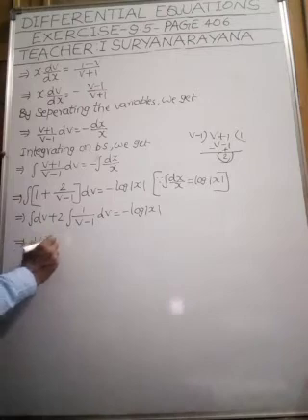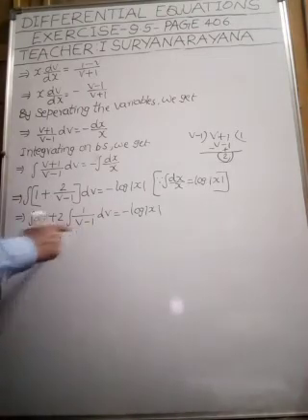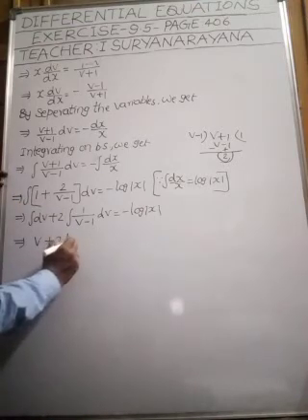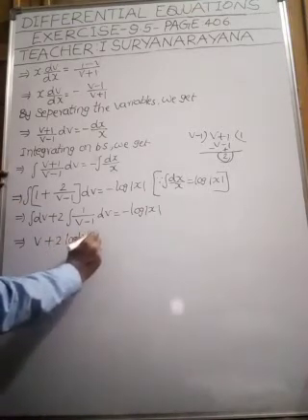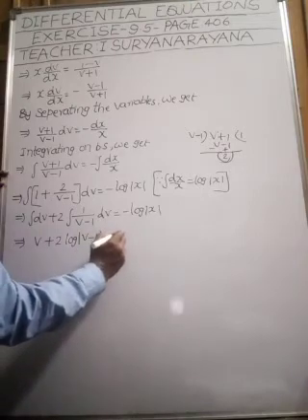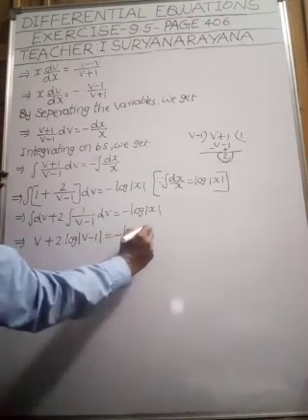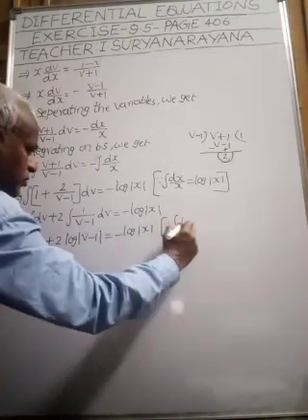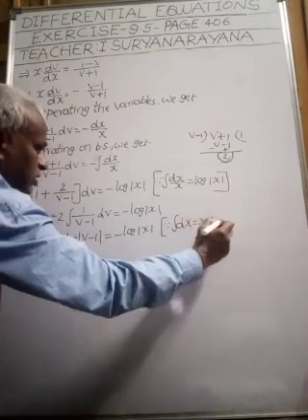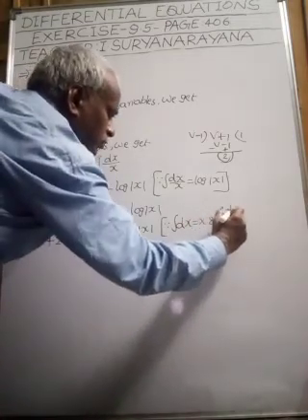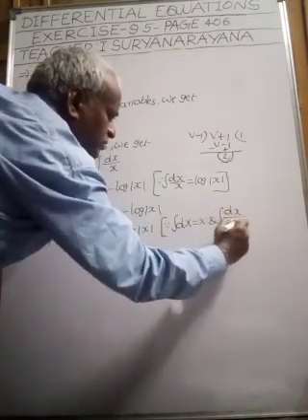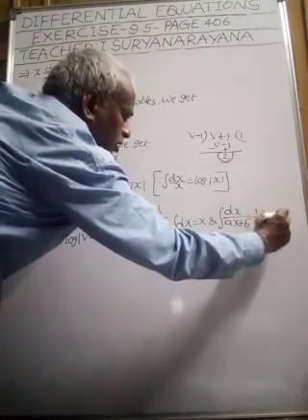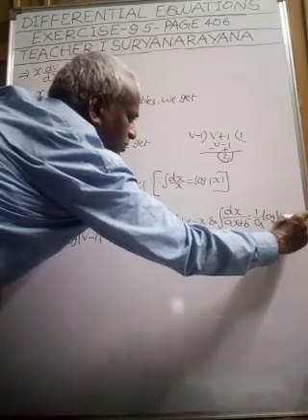This implies integral dv, what will we get? v plus 2 into, it is in the form of integral 1 by ax plus b, log mod v minus 1 is equal to minus log mod x, because integral dx is equal to x and integral dx by ax plus b is equal to 1 by a log mod ax plus b.